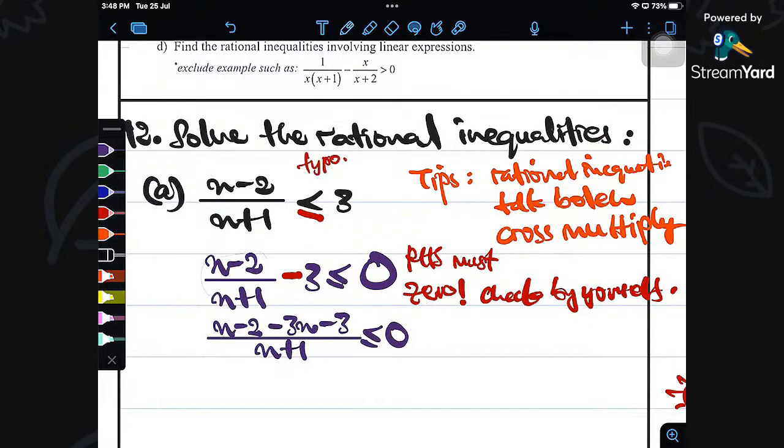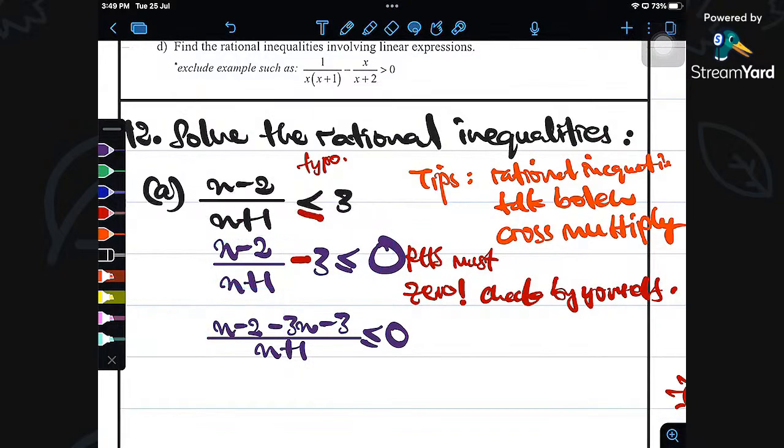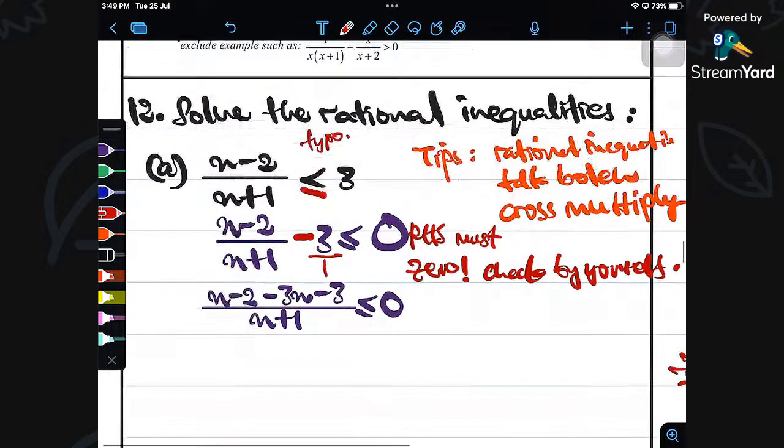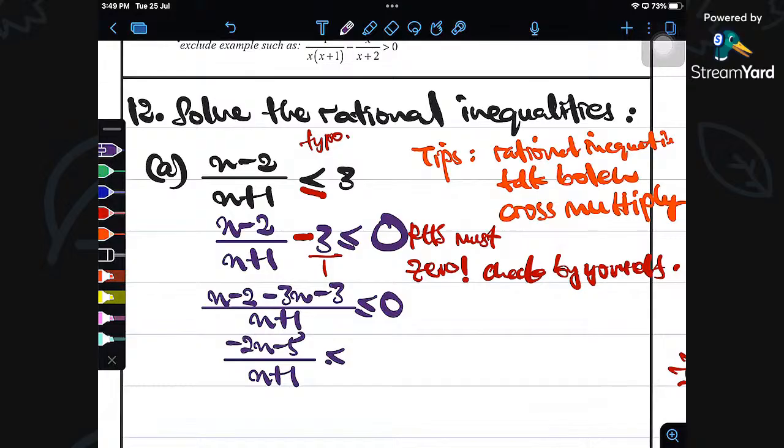So what I did here is I just samakan pembawah dia. And so I got the answer of negative 2x minus 5 divided by x plus 1 less than or equal to 0. When I have a 0 on the right hand side, I am very safe. I am good. You know that?